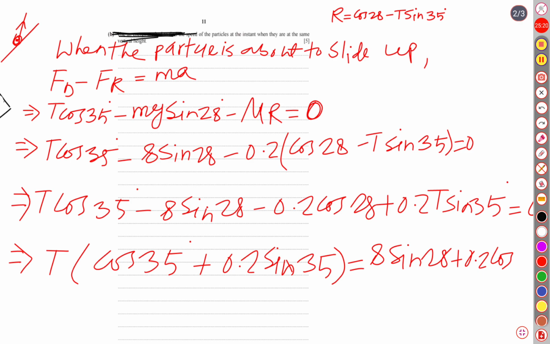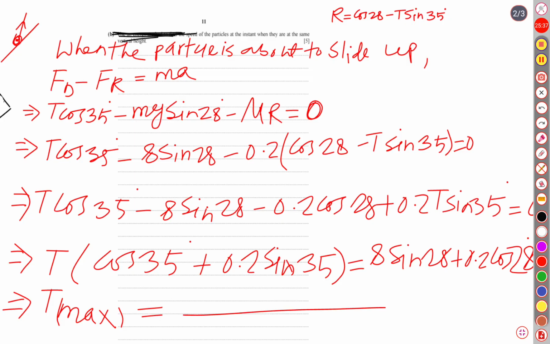Then if we isolate T, and this is the maximum value, we have already decided that this is the maximum tension in the string.